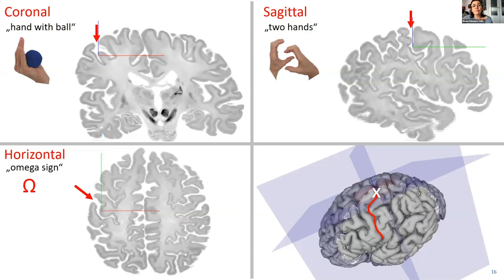The right hemisphere also has an omega sign and a hand with a ball sign. But as I said, because of the 3D structure of the brain, you don't necessarily see these signs simultaneously on both hemispheres, and you definitely don't see them at the same time in the 3 planes of sectioning.